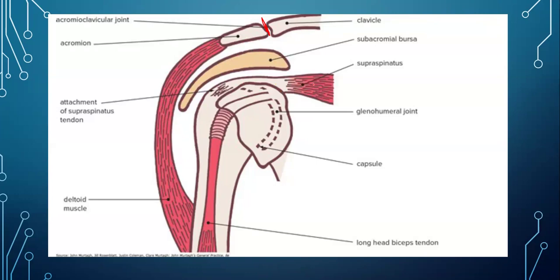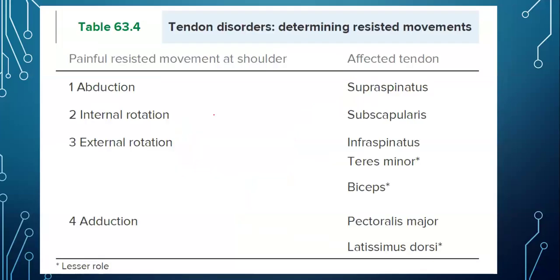One of the most important things we want to rule out in shoulder pain is a rotator cuff tear. The rotator cuff is a group of muscles which stabilize your shoulder. The most important muscle is the supraspinatus.